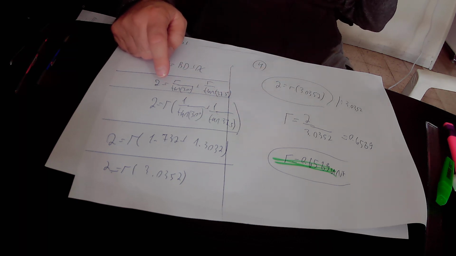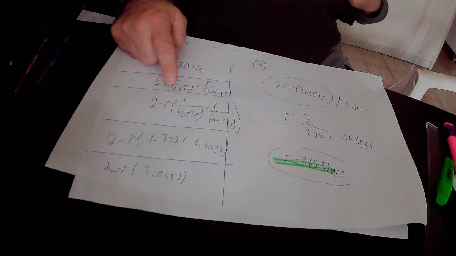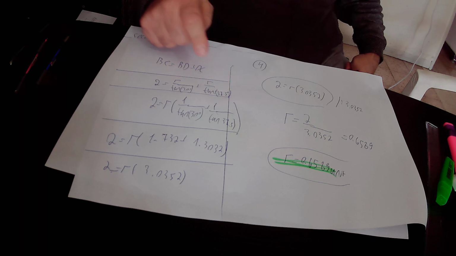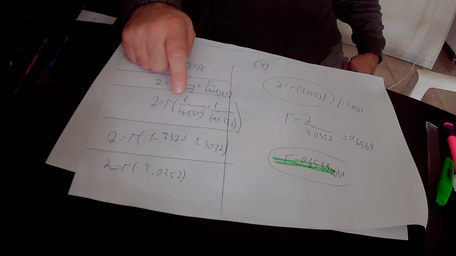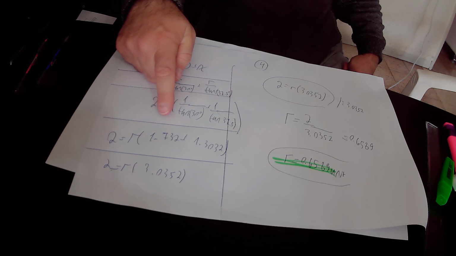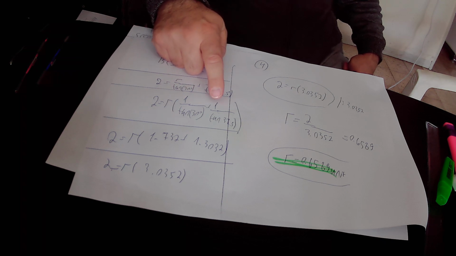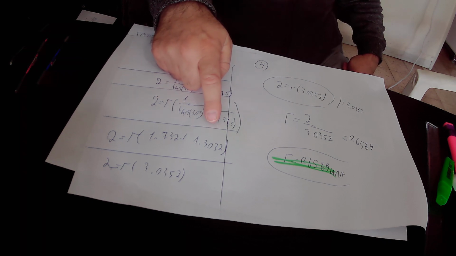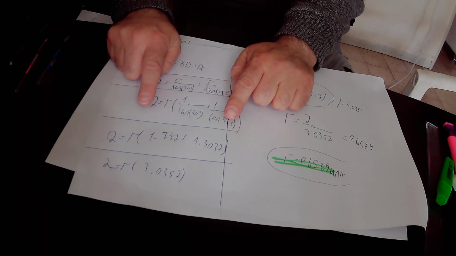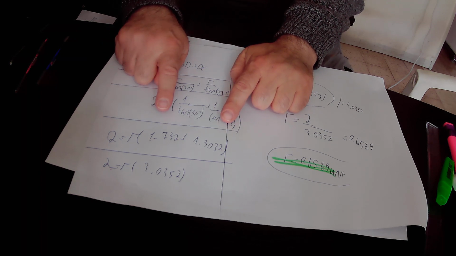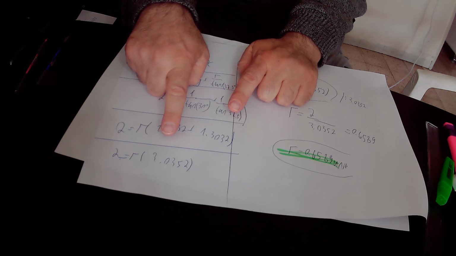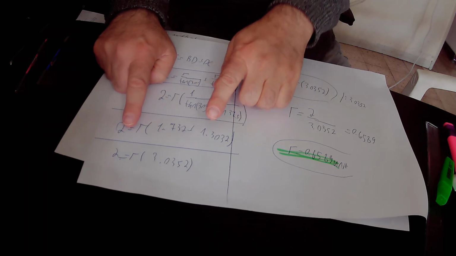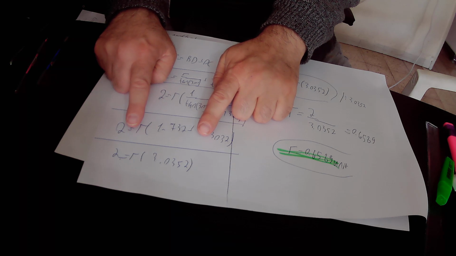So 2 equals R times 1 over times 30 degrees plus 1 over times 37.5 degrees. 1 over times 30 degrees is 1.732 and 1 over times 37.5 degrees is 1.3032. So 2 equals R times 1.732 plus 1.3032, and 1.732 plus 1.3032 is 3.0352. So 2 equals R times 3.0352.